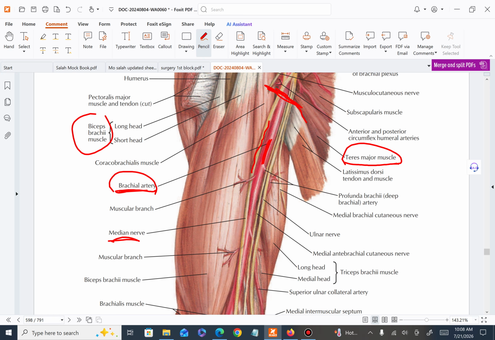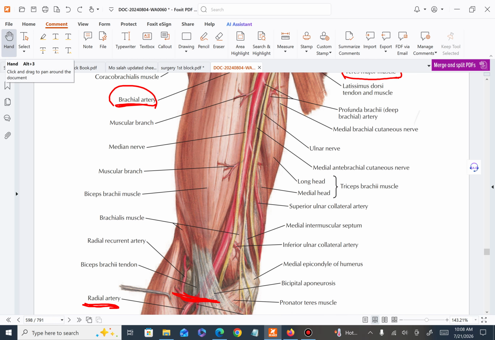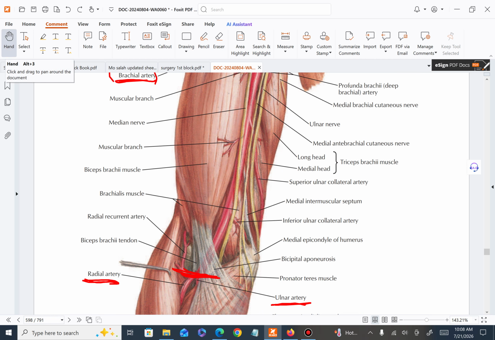Then in the middle of the arm, you can see the median nerve passes anterior to the brachial artery.